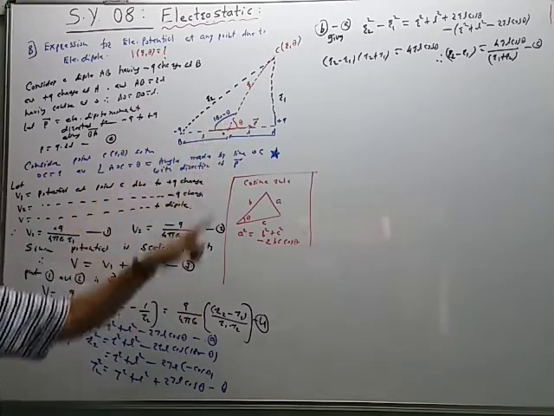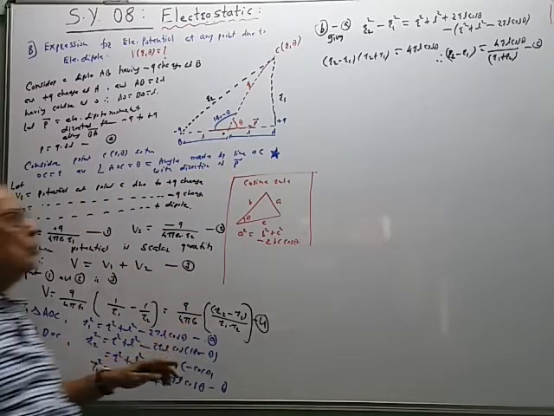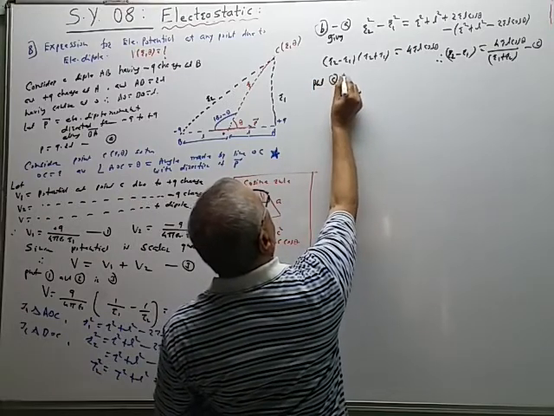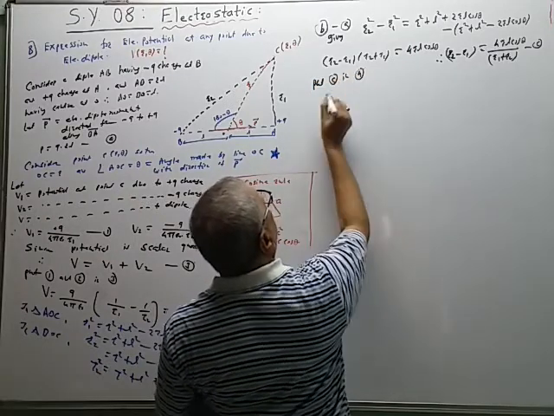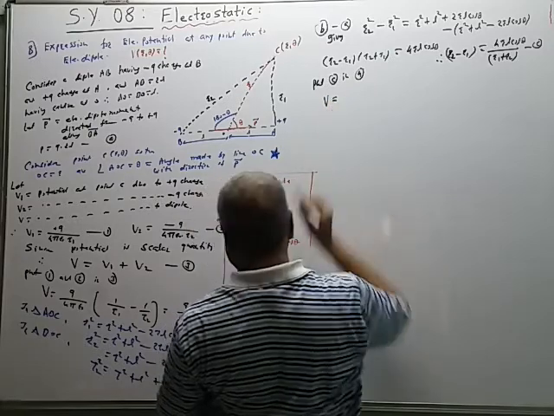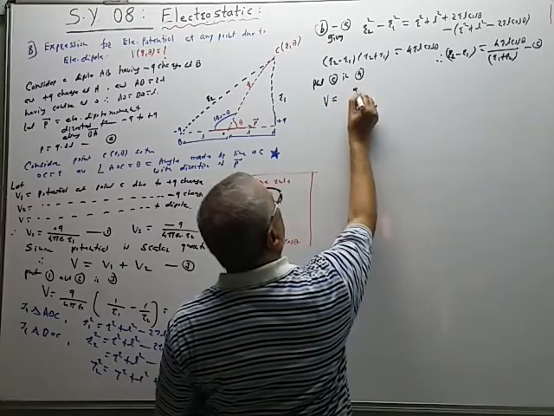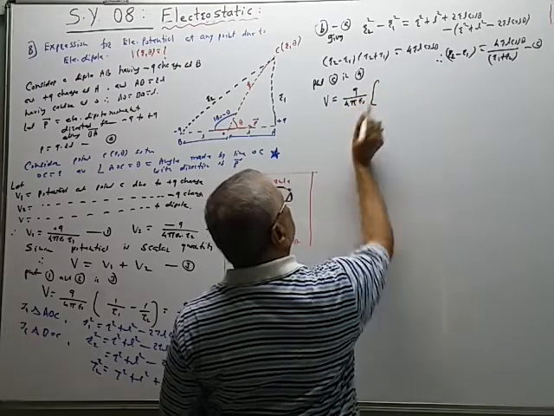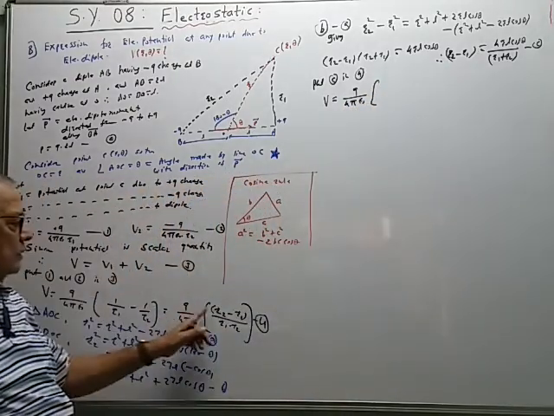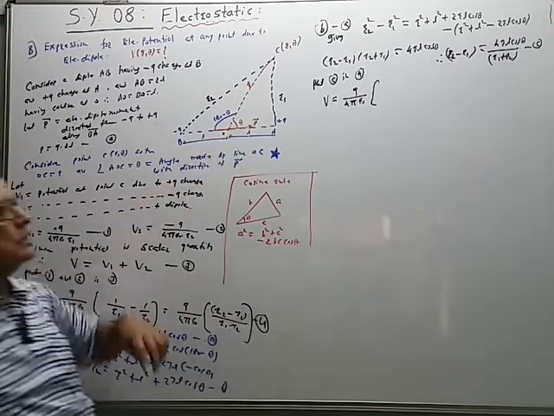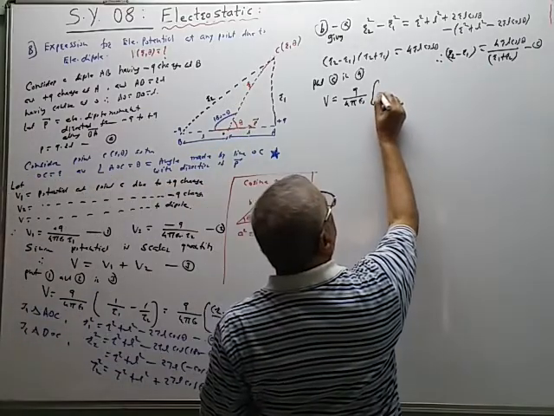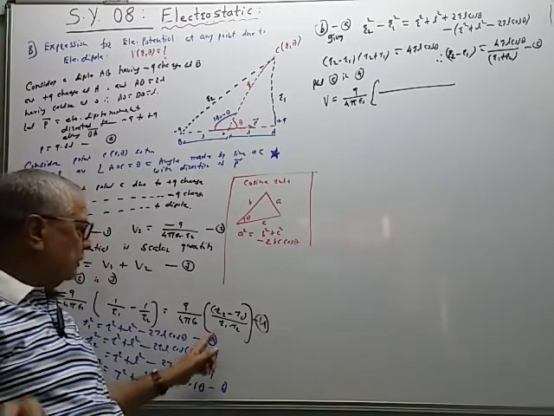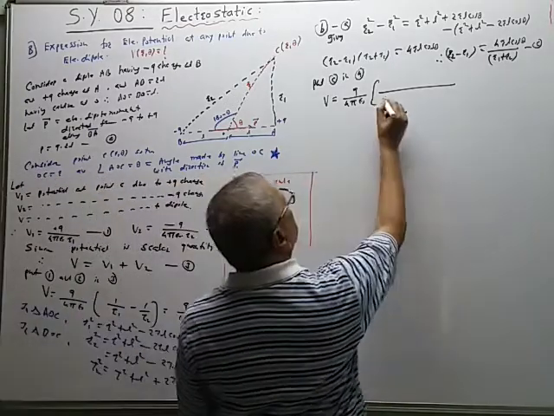So put that value C in 4. Therefore V is equal to total potential Q upon 4 pi epsilon naught, the constant quantity outside the bracket. Now inside the bracket, this R2 minus R1 is substituted with this value in the denominator.